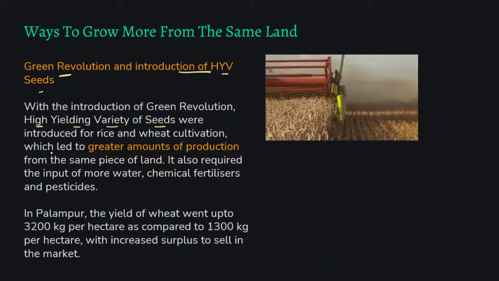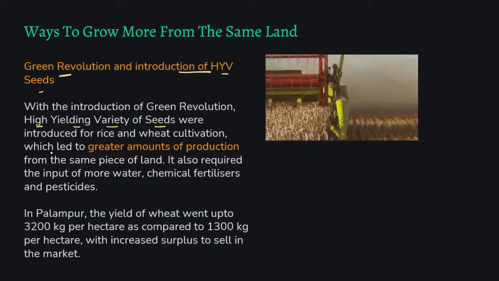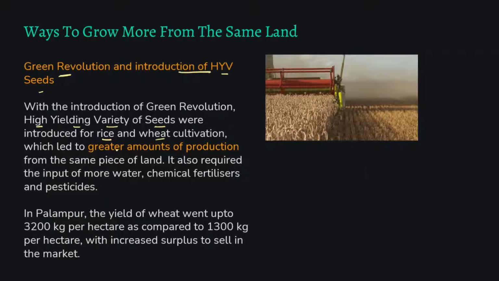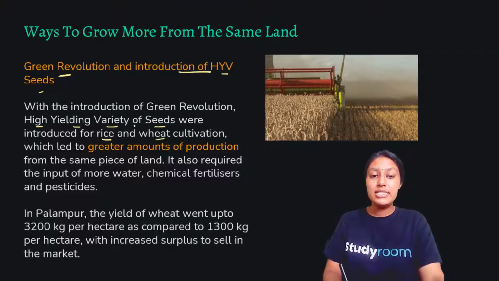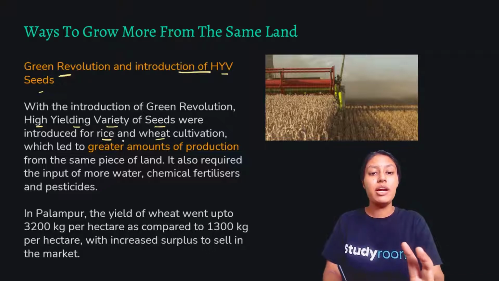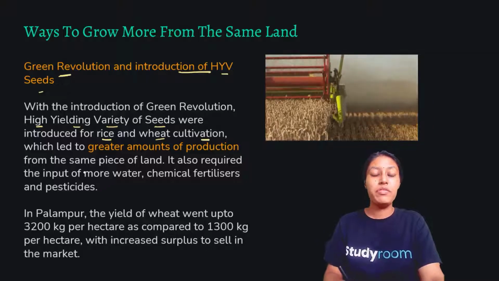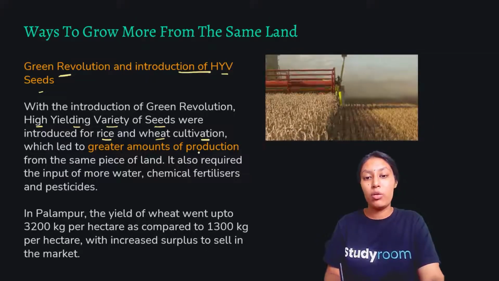which were introduced for the cultivation of majorly two crops, which are rice and wheat. So this was for rice and wheat cultivation only, which led to a greater amount of production.